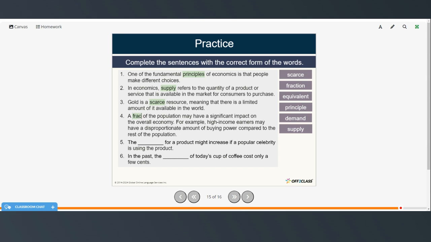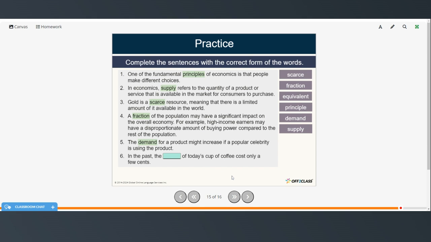A fraction of the population may have a significant impact on the overall economy. For example, high-income earners may have a disproportionate amount of buying power compared to the rest of the population. The demand for a product might increase if a popular celebrity is using the product.